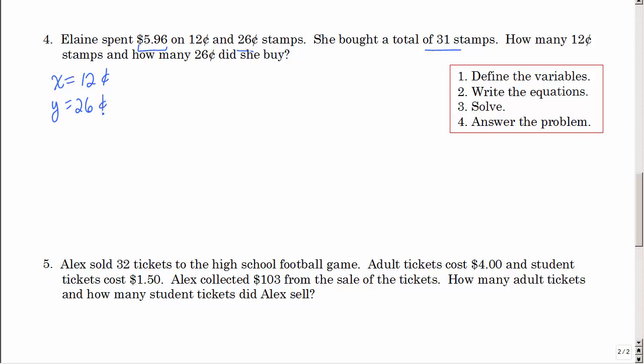And just like on number 3, I'm going to multiply what they're worth times how many I have. What they're worth times how many I have equals my money, and notice I'm using cents, so I'm taking out that decimal. Then my total is 31 stamps, and that's that equation.